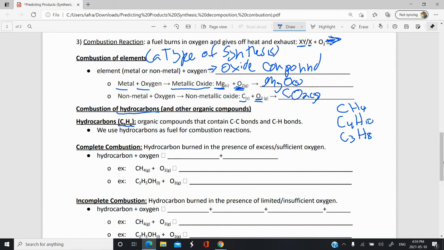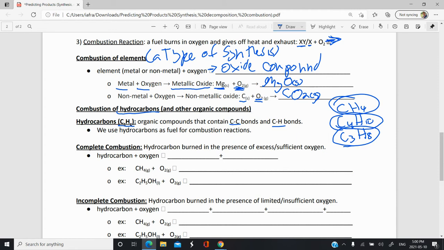So essentially, it's just a whole bunch of carbon-hydrogen compounds that have a lot of energy in their carbon-carbon and carbon-hydrogen bonds. And so when you burn them in the presence of oxygen, they're going to release energy for us to use. So if you burn, let's say, propane, it's going to release energy for you to cook meat on a barbecue. If you burn butane, it'll release the energy that comes out of a lighter. If you burn methane in the presence of oxygen, you'll get the flame of a Bunsen burner.